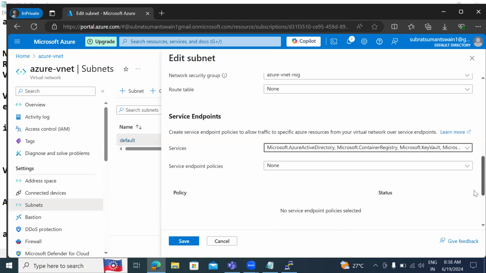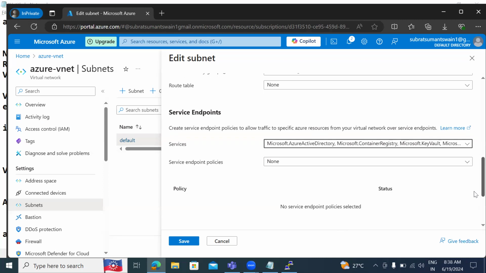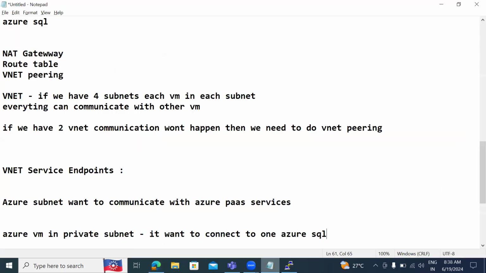Internally, the private communication is going to happen using the service endpoint, within the Azure private network itself, because in their cloud they have a huge network. Based on our business purpose, even if private subnet resources want to access the Azure services, then we are going to give this.